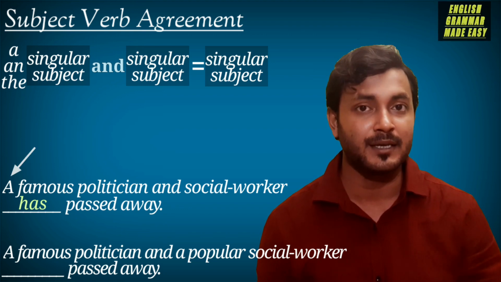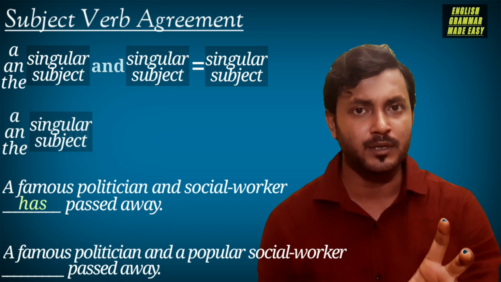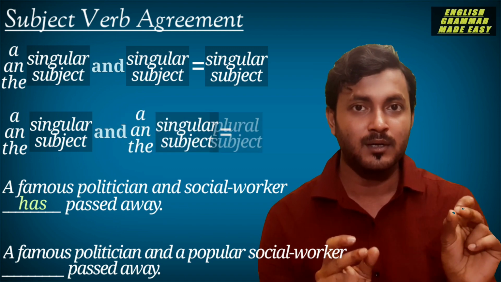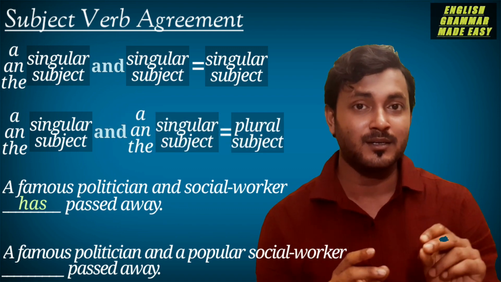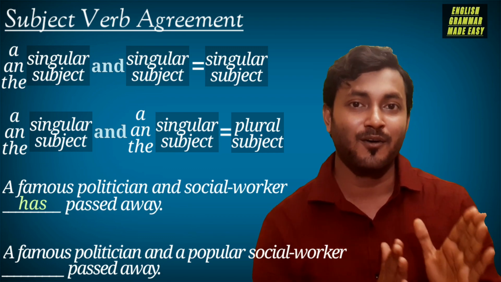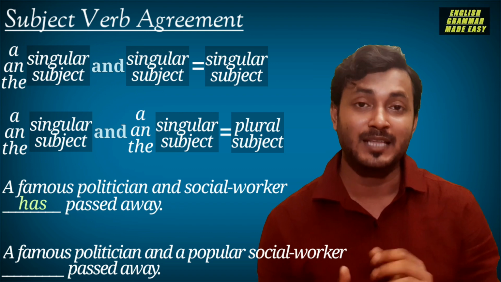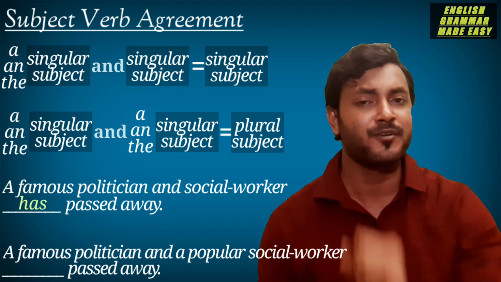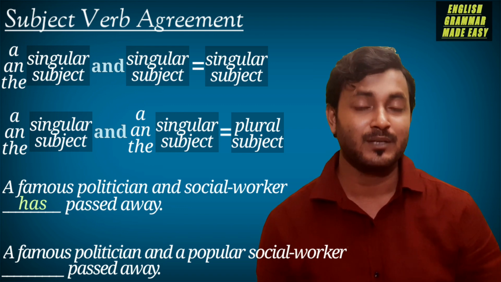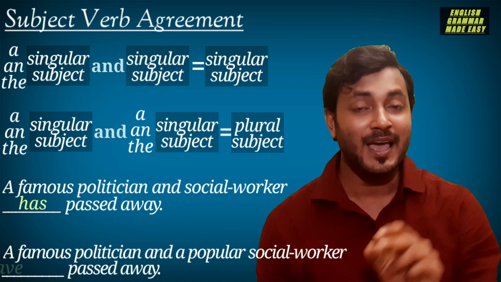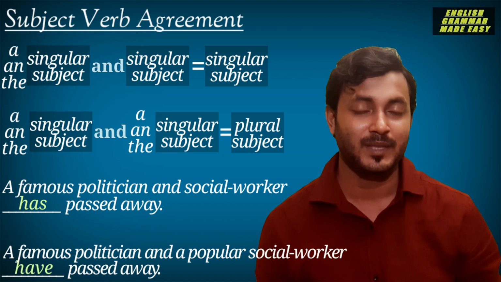But in the second case, a famous politician and a popular social worker, the article a has been used twice on both sides of and. So in that case, it will be treated to be a plural subject because they refer to two different people. So a famous politician and a popular social worker have passed away, right?